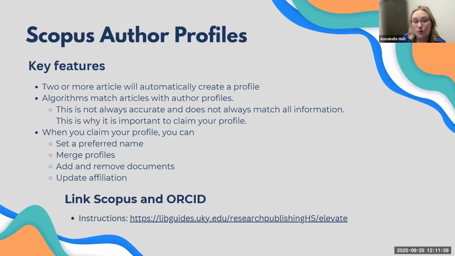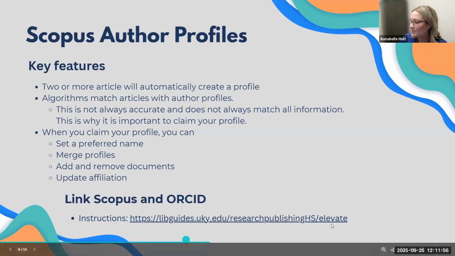It also integrates with ORCID, allowing your Scopus record to link to your ORCID ID, and then your publications can be imported into your ORCID. So again, that's the relationship there where one can feed into the other. On this slide, I've listed a link to instructions on how to link these two here.